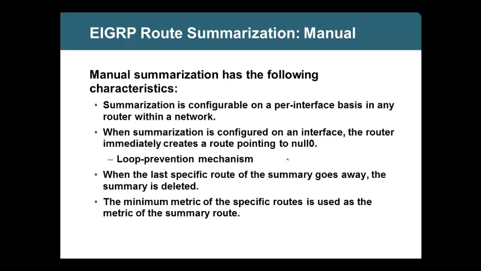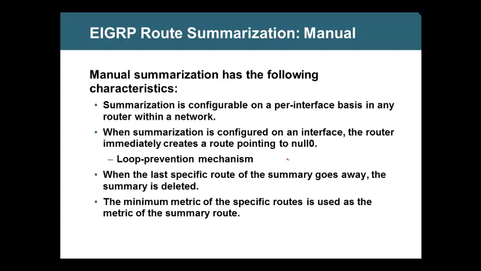When summarization is configured, this is the important point: when summarization is configured on an interface, according to the summarization that you configured, immediately a new route will be created. Now this new route, which interface will it point to? It cannot point to any physical interface because it's a summary route of many networks and subnets on many interfaces.